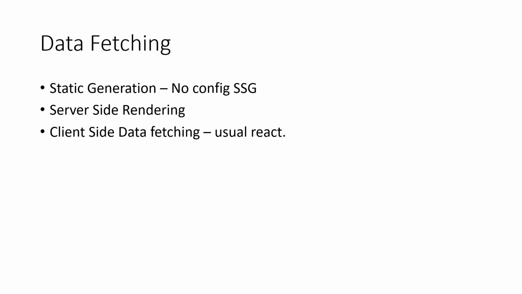Now, this has been done before with Gatsby. However, static generation is done at build time. So you can build an application in React. You can fetch data within the application. So let's say we have a blog. We would build the blog in React. We would do the static generation for our data fetching, and it's going to fetch all of your blog posts at build time.